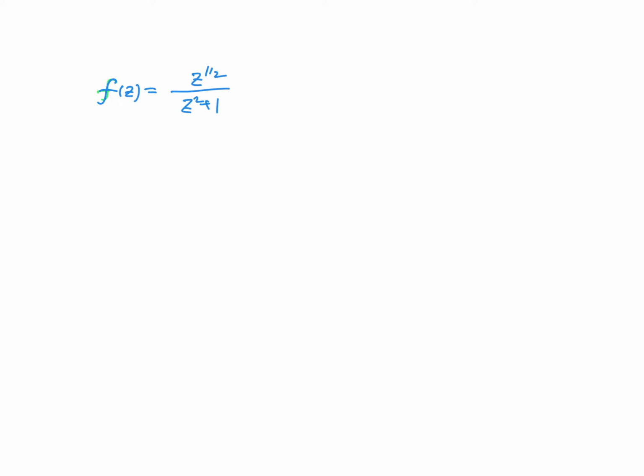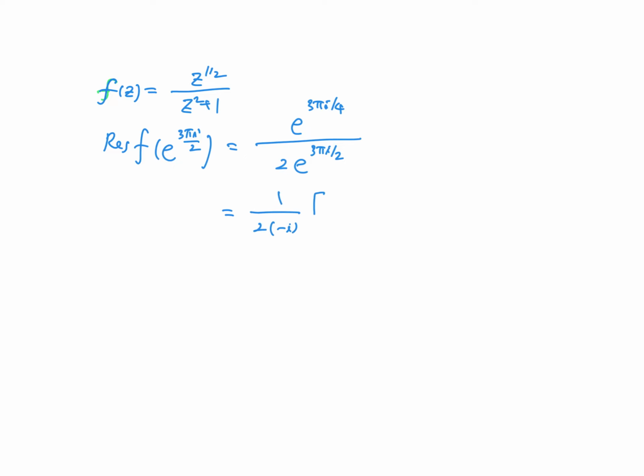So residue f at exponential 3 pi I over 2 is 1 over twice exponential 3 pi I over 2, times exponential 3 pi I over 4. 3 pi I over 2 is minus I. So 1 over 2 times minus I, times cosine 3 pi over 4 plus I sine 3 pi over 4.